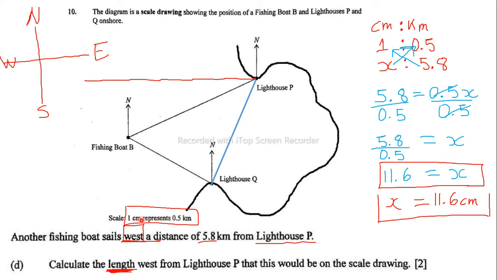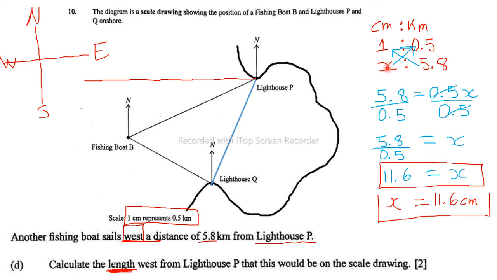Using that information, if I tell you that the new distance of this boat is 5.8 kilometers, how many centimeters would that be to represent this 5.8 kilometers? So you know 1 centimeter is 0.5 kilometers. So if you have 5.8 kilometers, how many centimeters would that be? Since we don't know what it is, we just use x.